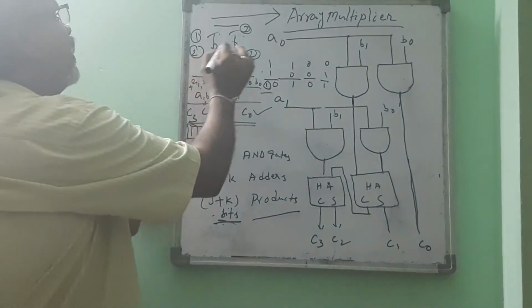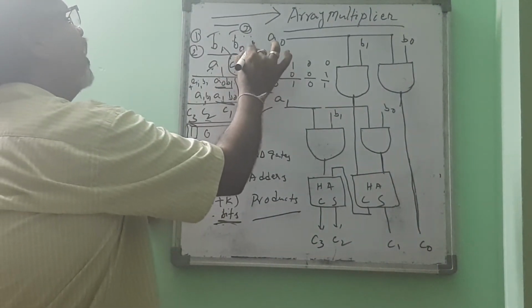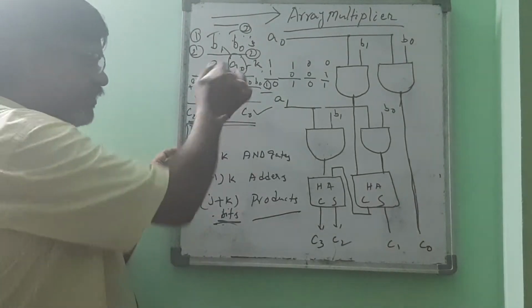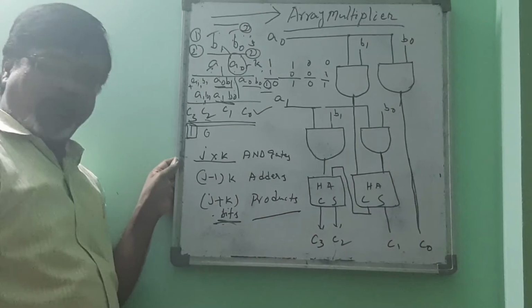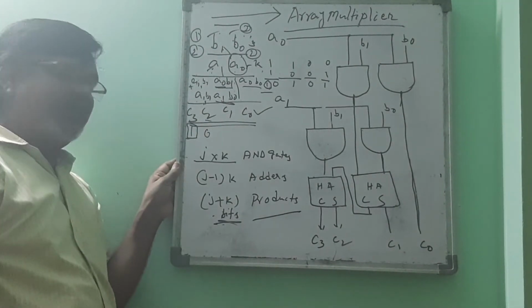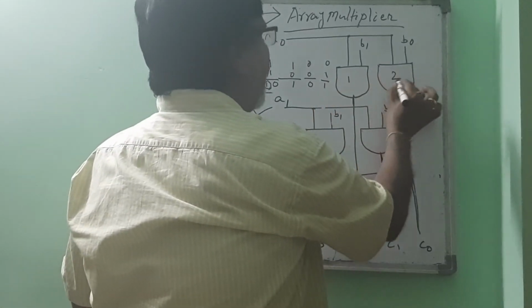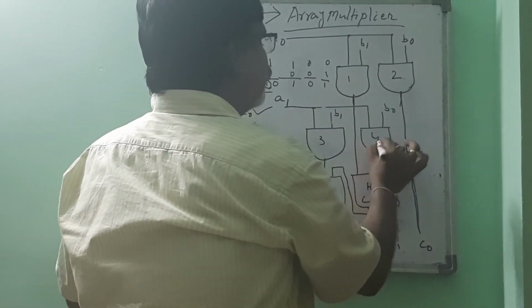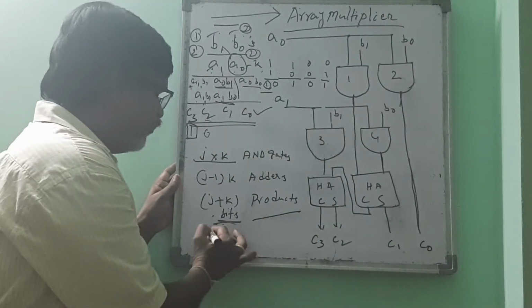Here there are j bits, meaning 2 bits, and there are k bits here. The total number of gates you require is j into k. Here both example numbers contain 2 bits. That's why 2 into 2, totally you need 4 AND gates here. The product is a total of 4 bits.